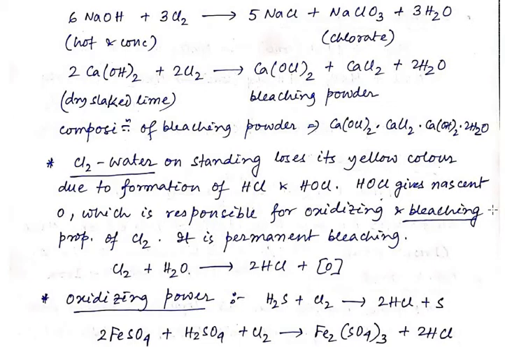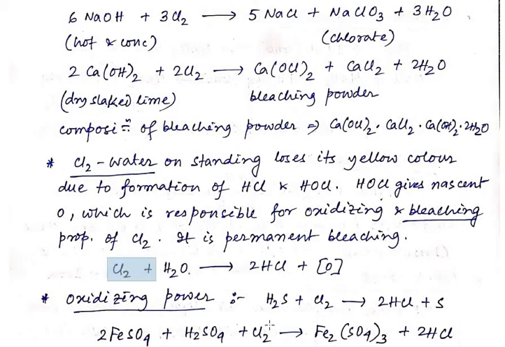HOCl gives nascent oxygen, which is responsible for the oxidizing and bleaching property of Cl2. It is permanent bleaching. That point is very important: when you use chlorine water, first of all it loses its yellow color due to the formation of HCl and HOCl.